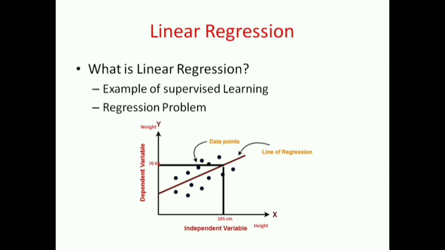So this is what linear regression tries to do. It fits the best possible line to the data set to generalize it, and then we can use this line for predicting our output variables.